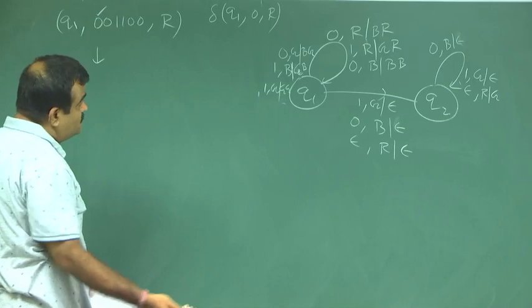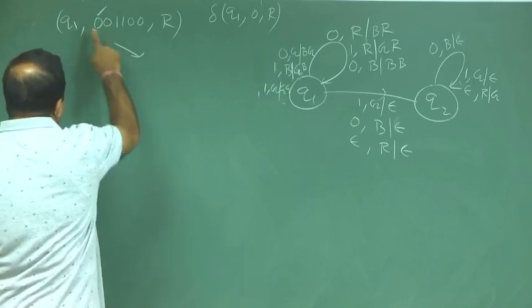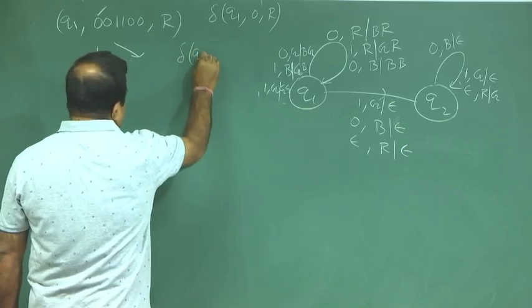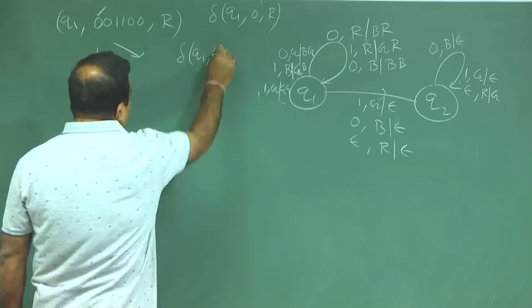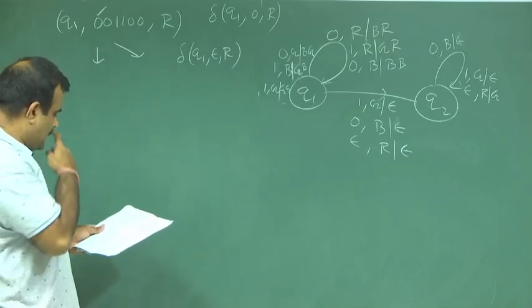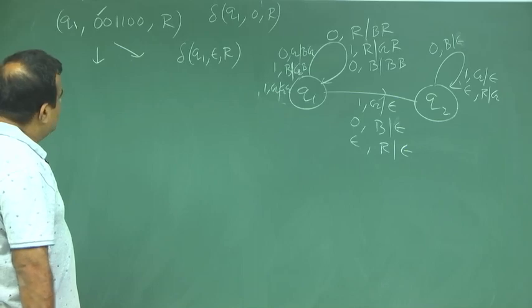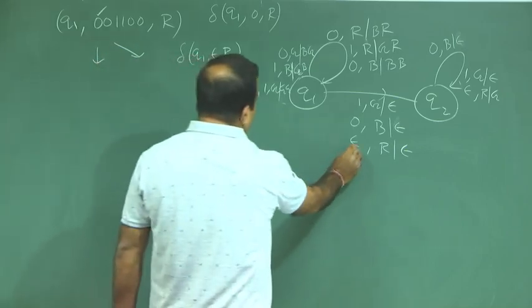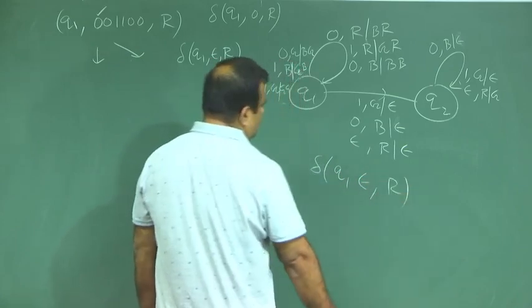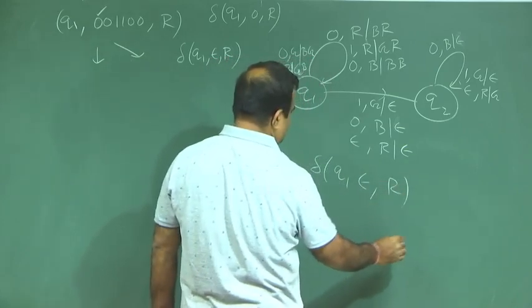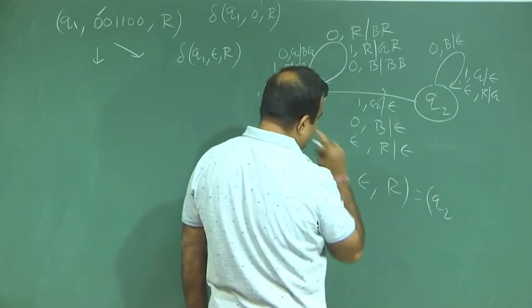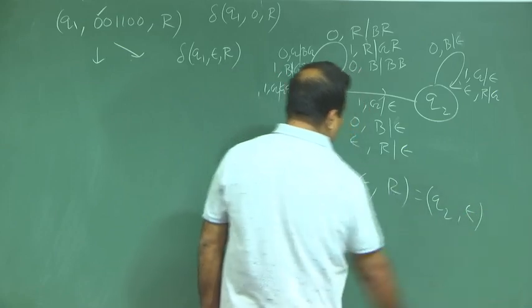We can read epsilon also. If you read epsilon, then it will be delta of Q1 epsilon R. Delta of Q1 epsilon R is giving us Q2, and R is gone.